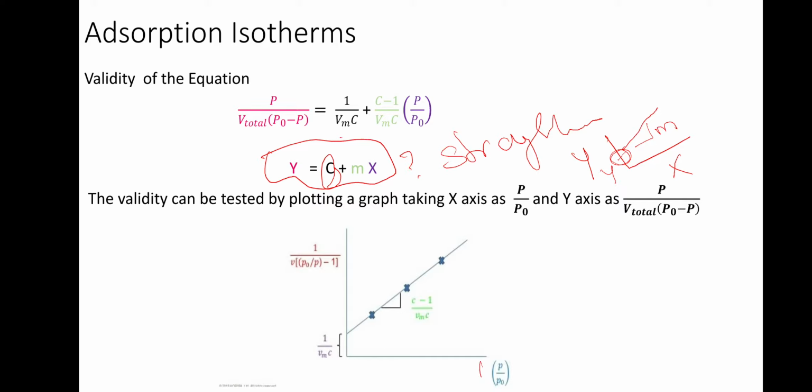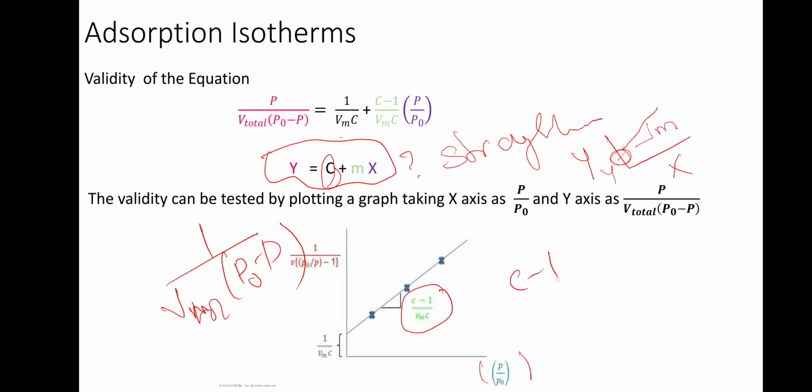So P by P0 on the x axis, and 1 divided by V total into (P0 minus P) on the y axis. If you plot this, you should get a straight line, and the slope is equal to (C minus 1) divided by VmC.